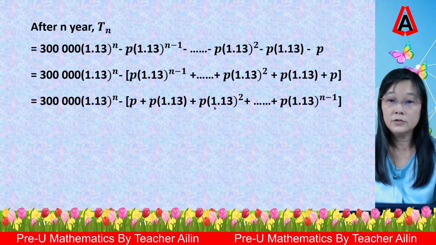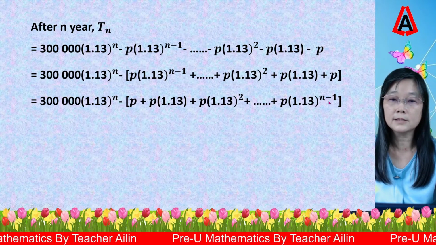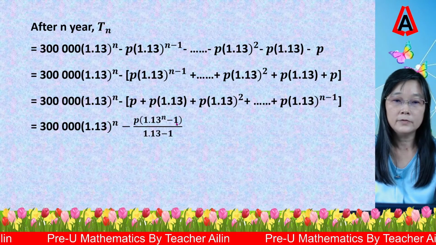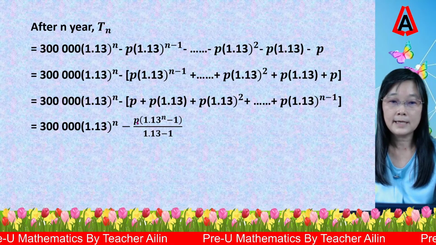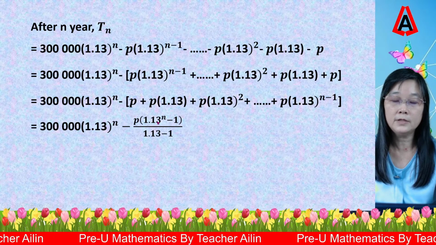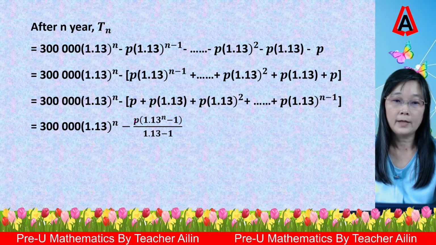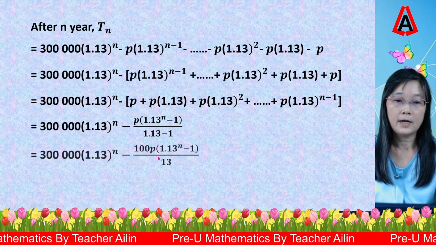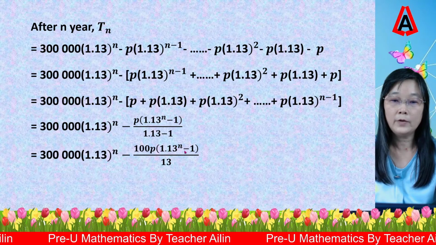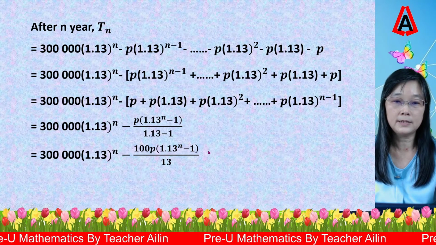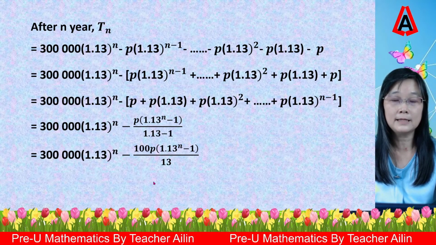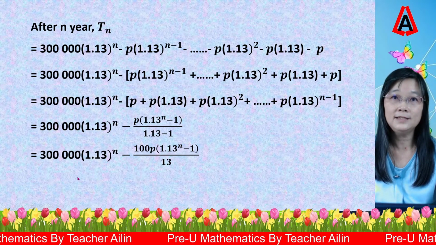So I can use the formula for the sum of the first n terms to calculate this part. So now by using the formula, this is A and the common ratio is 1.13. So when I simplify this part, I will get 100P times 1.13 power n minus 1 divided by 13. So this is the expression for the total outstanding amount after n years.